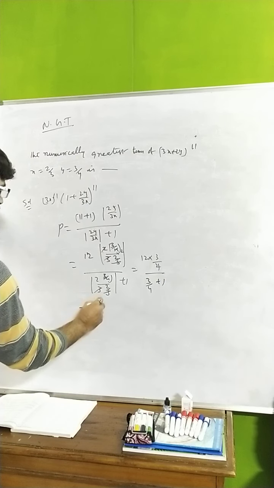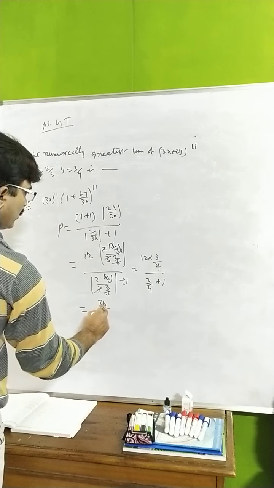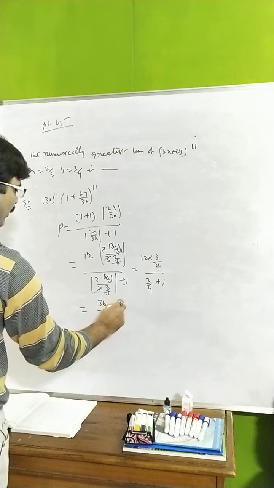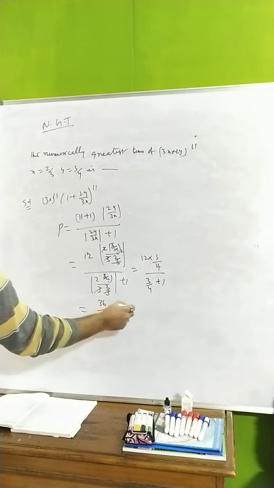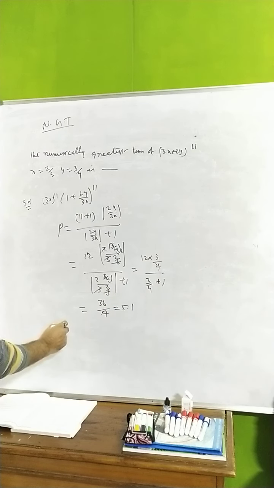Now finally here 36 by 7, 7 fives are 35, so 5 point something we are getting here, 5.1 and so on. So 5.1 means T5 plus 1, that means the T6 term. T6 is the numerically greatest term.